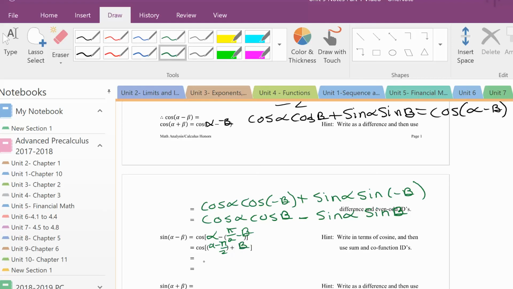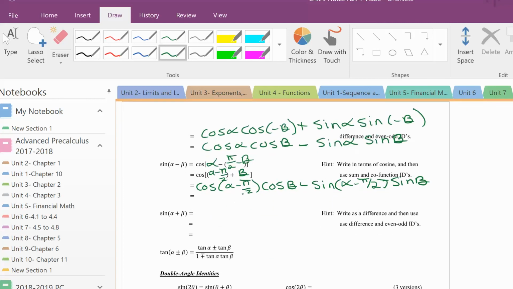So that's the same as saying cosine of alpha minus pi over 2 times cosine beta, minus sine of alpha minus pi over 2 times sine beta.